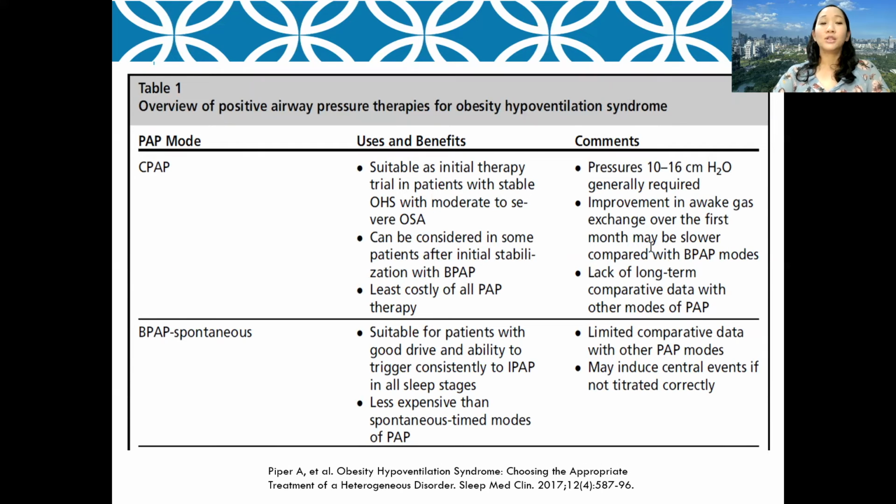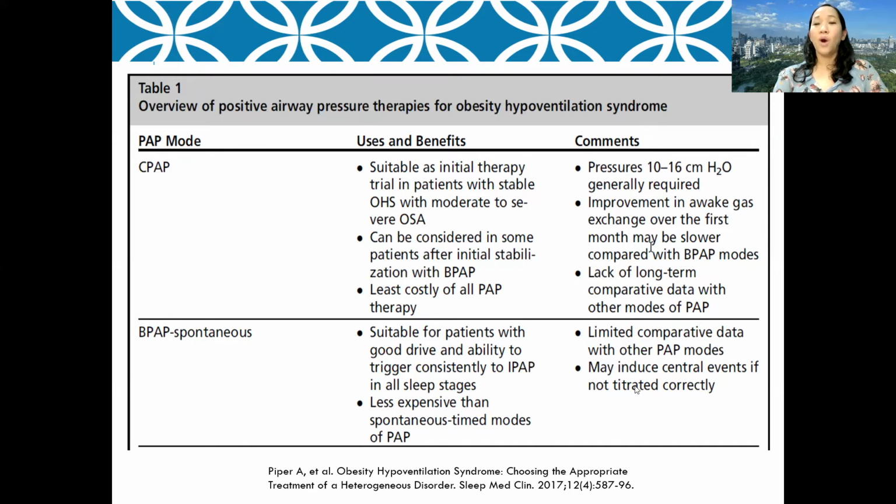So let's look at CPAP first. CPAP is suitable as the initial therapy trial in patients with stable OHS with moderate to severe OSA. It can be considered in some patients after initially stabilizing with BiPAP. It tends to be less costly compared to other PAP therapies.